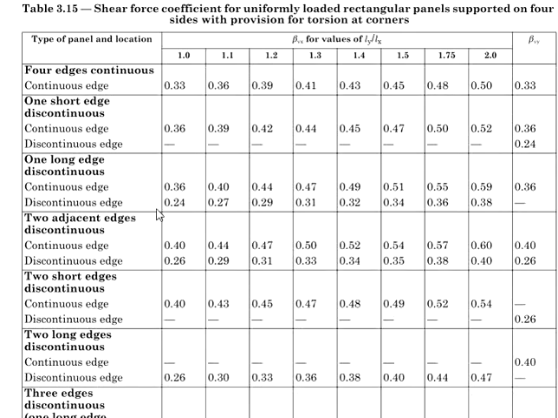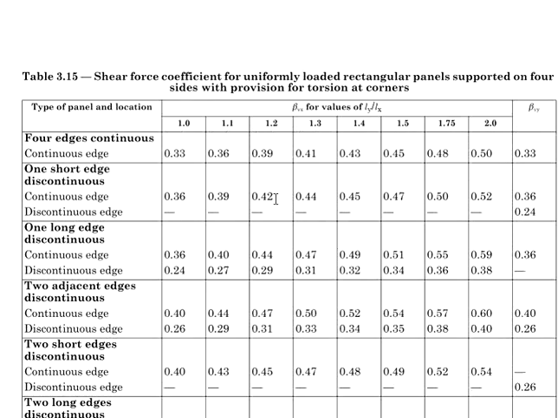Out of so many types of slabs, we get the shear coefficients, the largest value and the smallest value, under the column of 1.0 Ly per Lx.